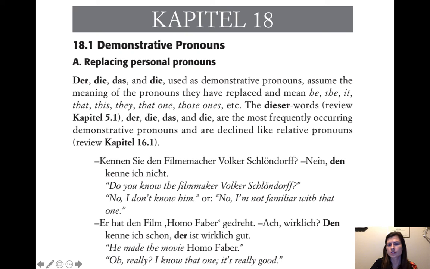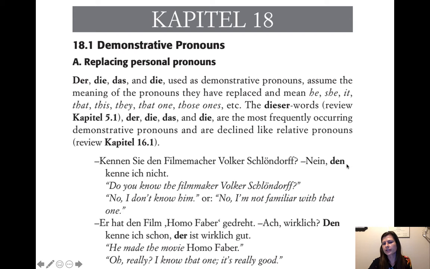What the person has done when they answered is they've sort of omitted it. It would be like, nein, den Filmemacher kenne ich nicht. It's still the direct object, right? No, him I don't know, right? I don't know him. Because it's already been said, you could also say, nein, ihn kenne ich nicht. Ich kenne ihn nicht.